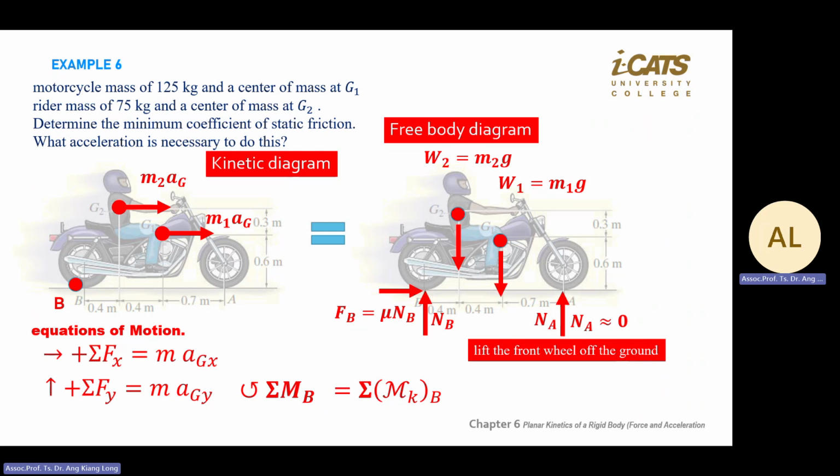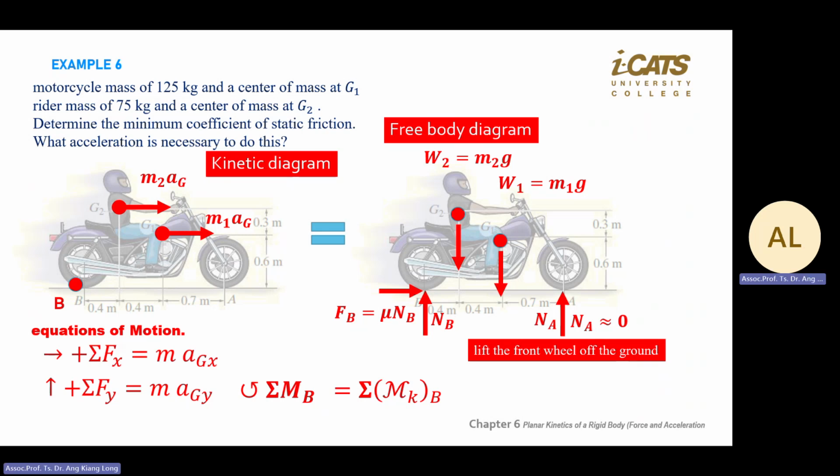So this one is also clockwise, M2 AG multiplied by this length, the perpendicular distance, gives you a clockwise moment, but because you already defined anti-clockwise as positive, you get negative. Then you rearrange and solve, and you will get one equation with one unknown. So you have 3 sets of equations to solve for the unknowns. The rest is solving simultaneous equations. I assume you already know how to do that. But the concept is you need a free body diagram, you need a kinetic diagram, and put in all the forces.